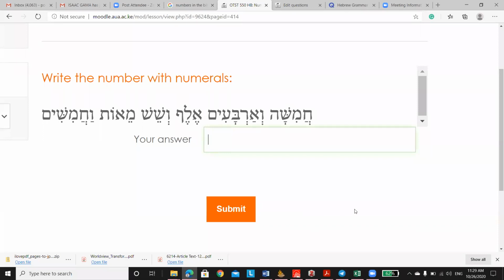Do you see the screen? Yes. Okay, try to divide it into several parts. 50 and 40, 1,000.